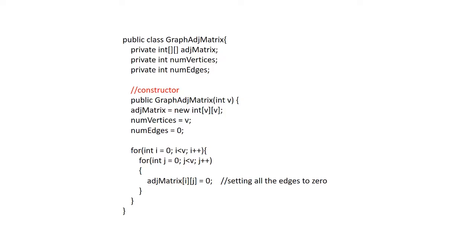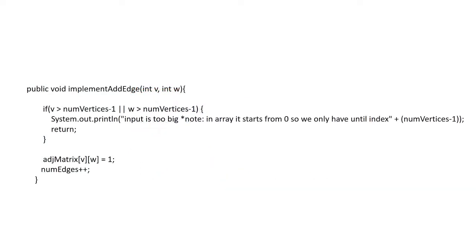We only need to add where the relationship is. Say we want an edge between 0 and 5. We simply insert table row 0, column 5 with 1, and voila, an edge has been created between 0 and 5. Don't forget to add the number of edges.